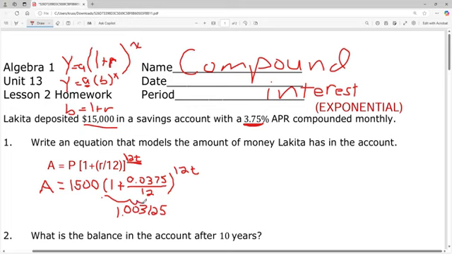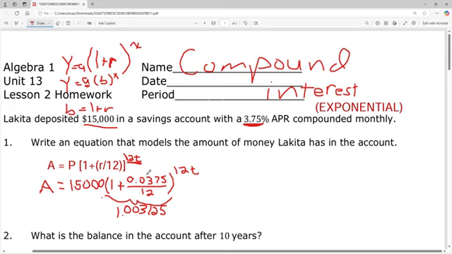So every month I'm going to raise this to the number of months. And I'm going to multiply it by the 1,500, and that'll show me how much it actually is, or 15,000. Forgot a zero. 15,000. There we go. All right.